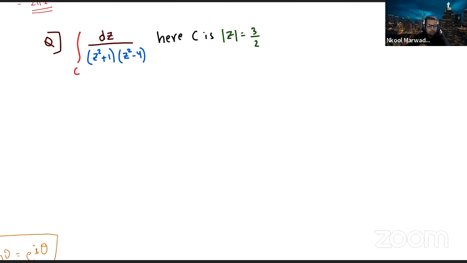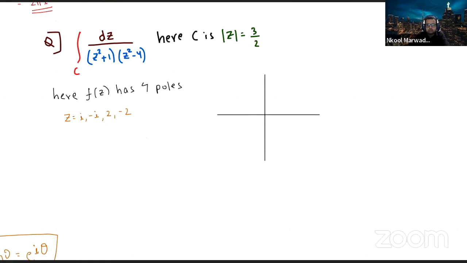So f of z has 4 poles: z is equal to i, minus i, 2 and minus 2.